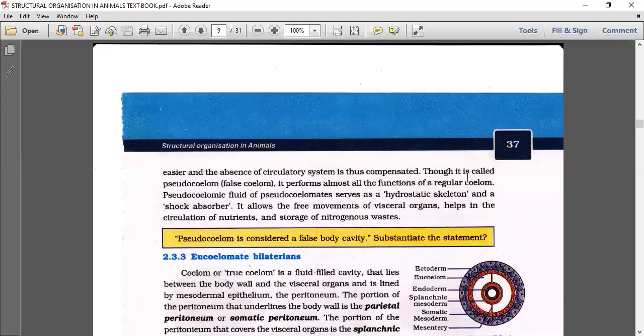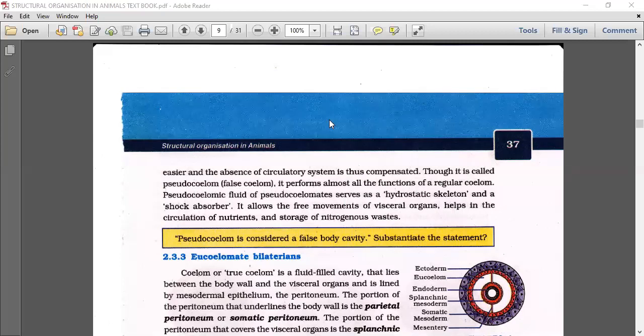Then, though it is called pseudocoelom, it performs almost all the functions of a regular coelom. The pseudocoelomic fluid of pseudocoelomates serves as a hydrostatic skeleton and a shock absorber, allows the free movement of visceral organs, and helps in the circulation of nutrients and storage of nitrogenous waste.